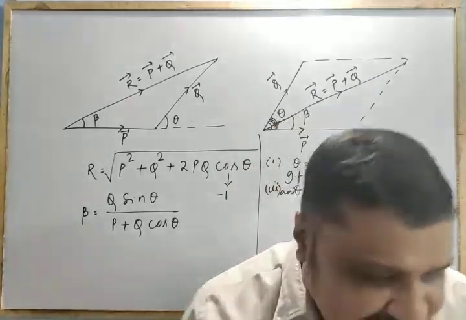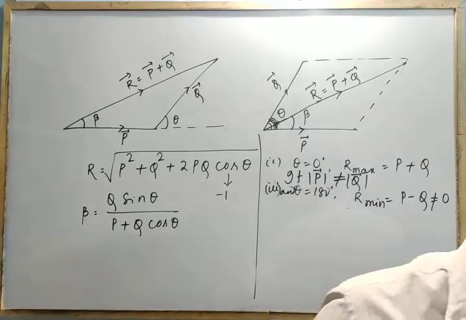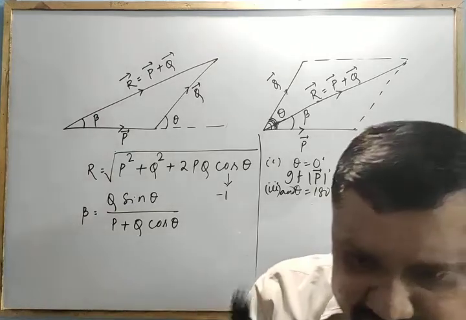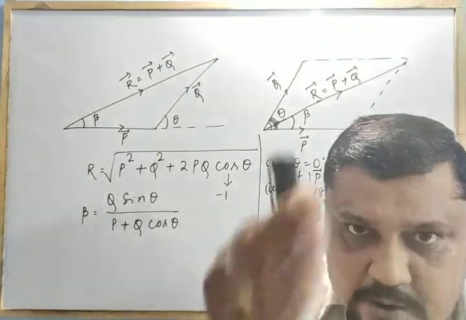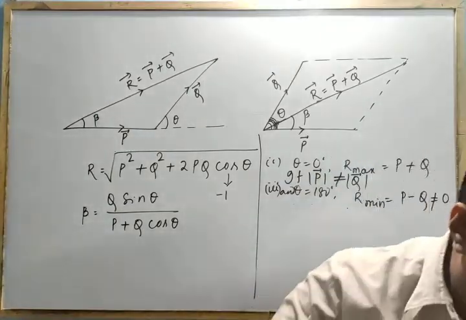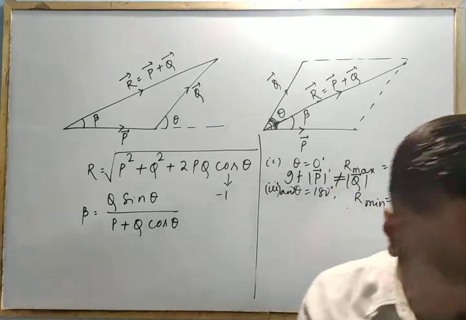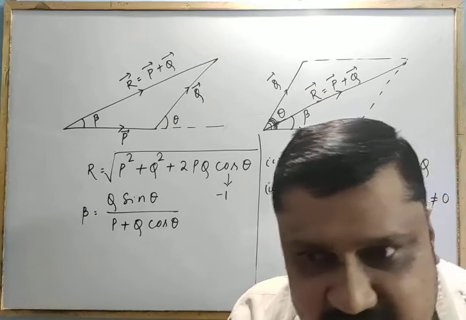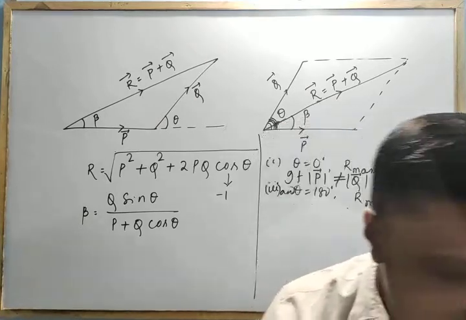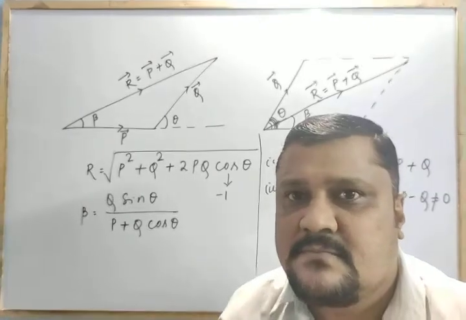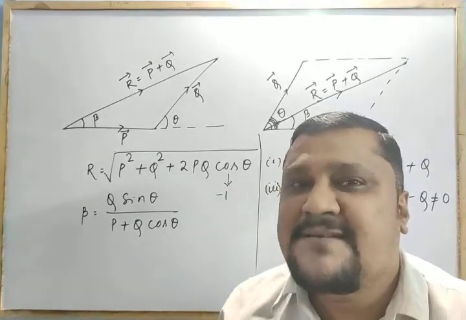So my point here is, remember this or note it down: the minimum number of vectors of unequal magnitudes whose resultant can be 0 is 3.